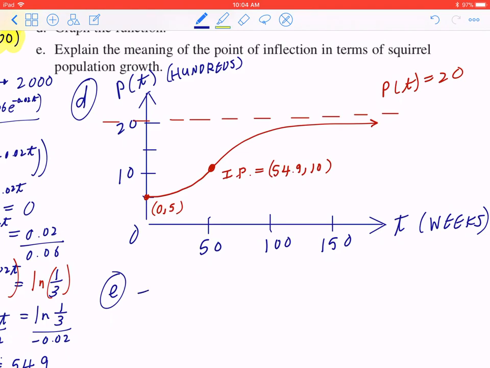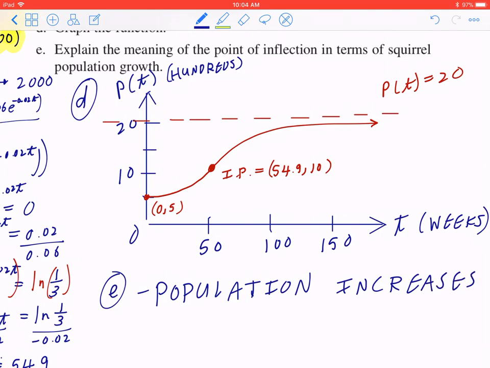So the first thing you can write down is the population increases up to 54.9, or you can even just say 55.